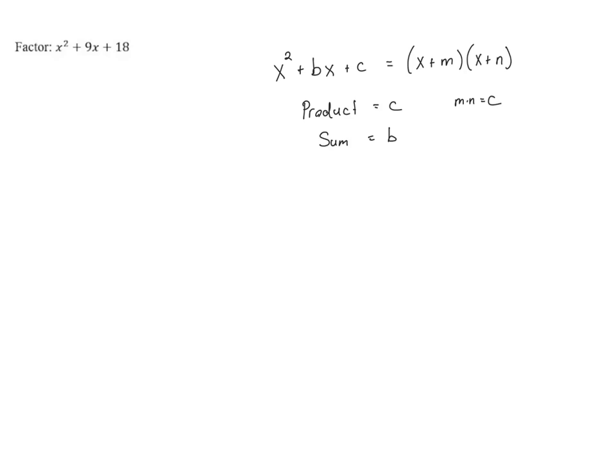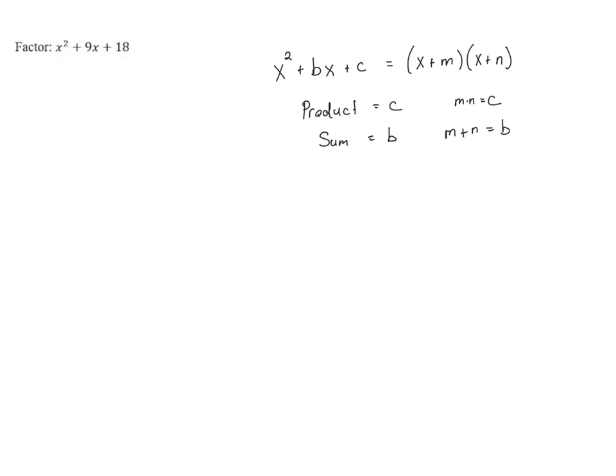So in the end, that sum has to give us the bx, which means that the m plus the n has to give us the b. So anytime we're factoring something in this form, x squared plus bx plus c, we're looking for two numbers that have a product of c and a sum of b.